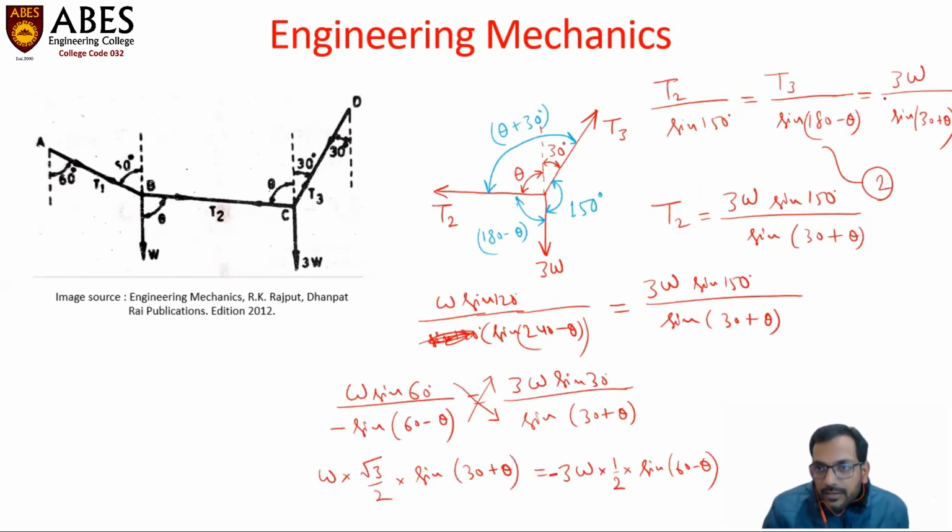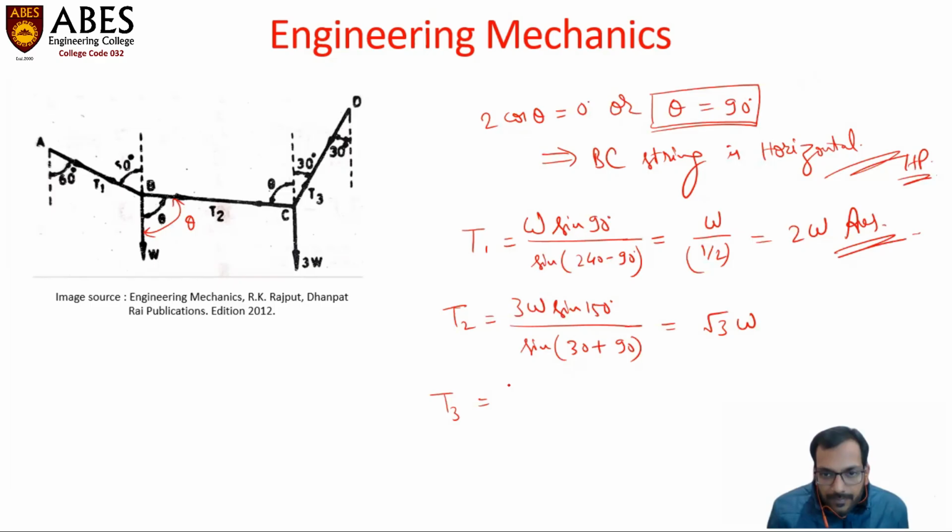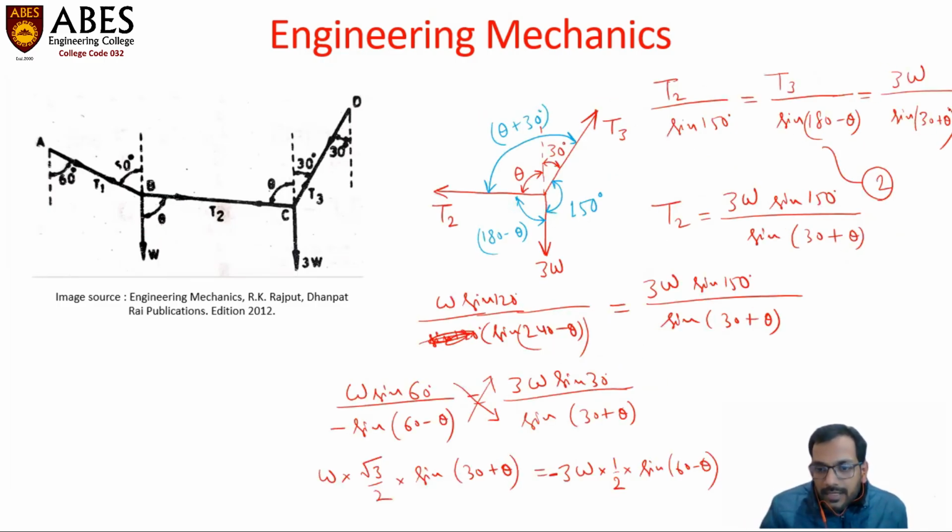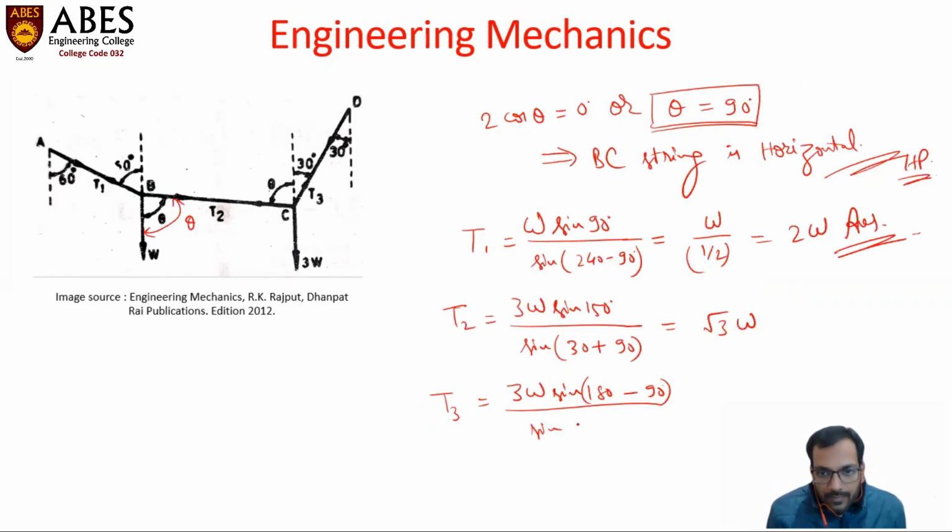T3 can be calculated using this expression: T3 upon sine 180 minus theta is equal to 3W upon sine 30 plus theta. From this, T3 can be written as 3W sine 180 minus 90 upon sine 30 plus 90. By calculation, the value of T3 is coming to be 2 root 3W. So that is the third answer.